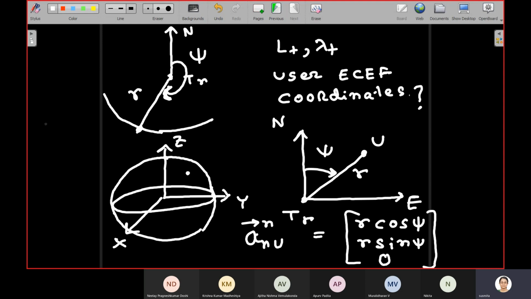Now you know the transmitter coordinates, latitude, longitude, and h is 0. So from this, can't you find the ECF XYZ coordinates? You can find the ECF XYZ coordinates of the transmitter, right?